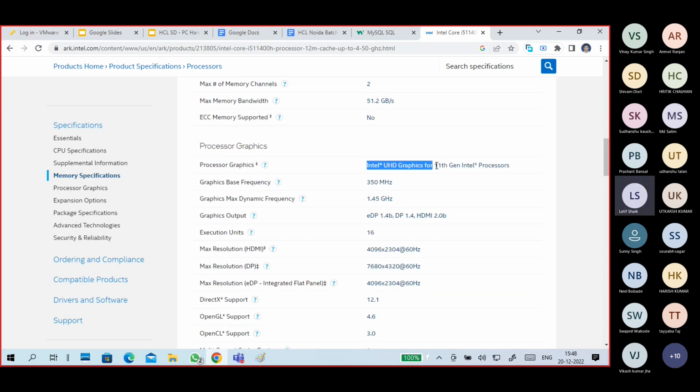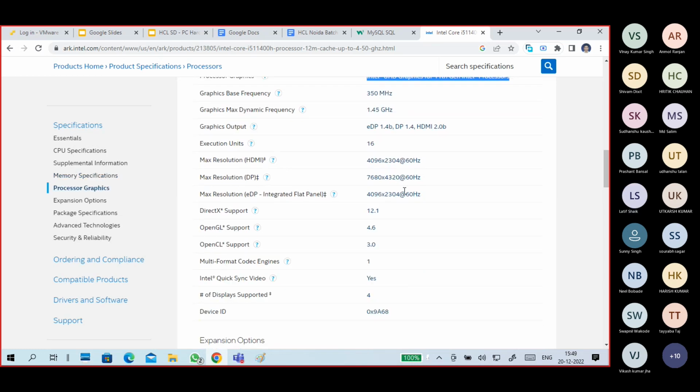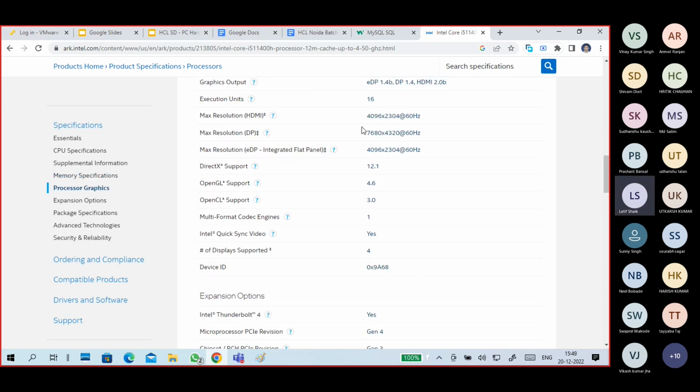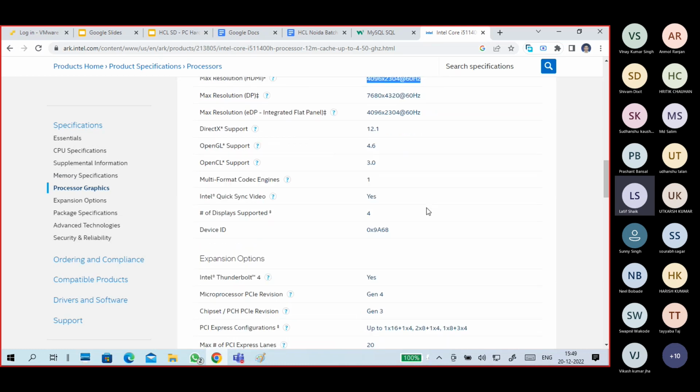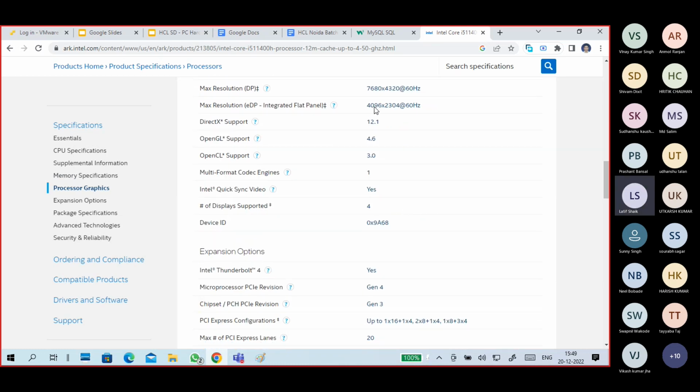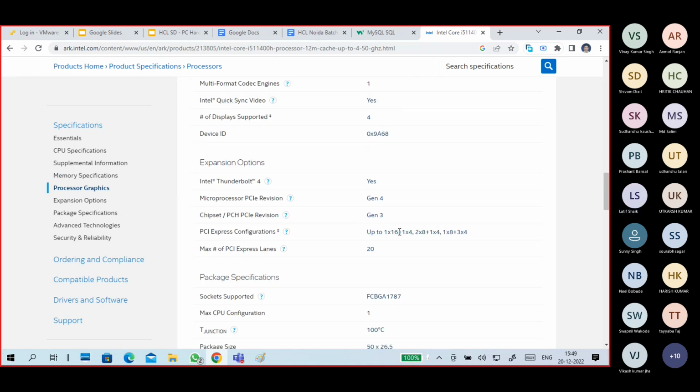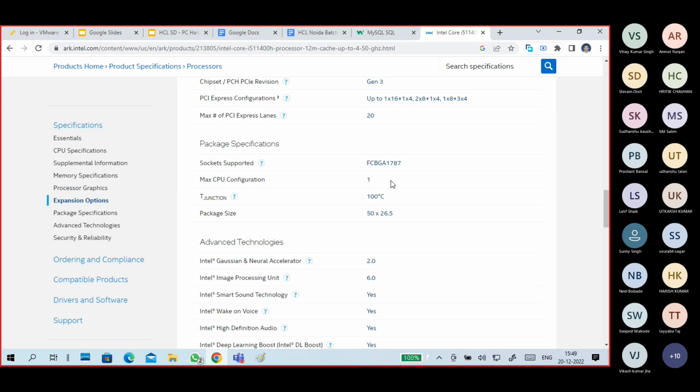This processor has internal graphics memory, UHD graphics. It supports HDMI and resolutions up to 4K. This is the socket type.